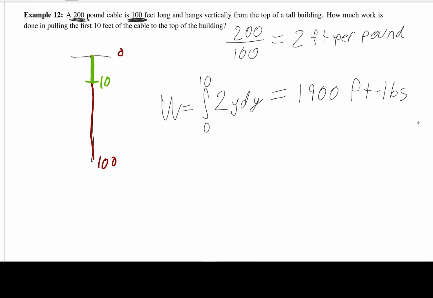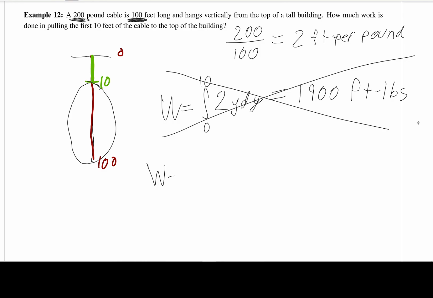Now, this is the moment where we need to stop and realize that we have not accounted for something. Okay? All I've accounted for was how much it takes me to pull this green portion to the top. I haven't accounted for this portion of the rope that's attached to it, so it's making it heavier this entire time. So what I need to do is add that work for that portion to what we were already doing.